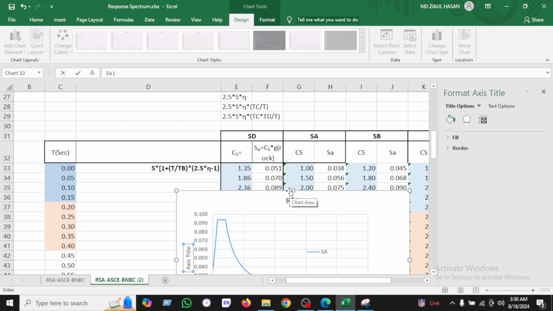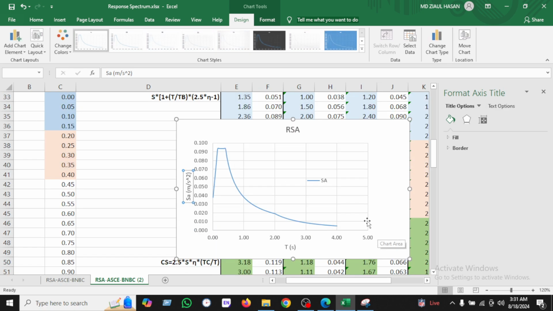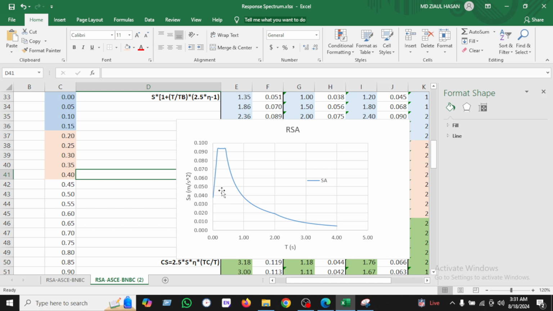The unit will be meter per second square, because this is the spectral acceleration.